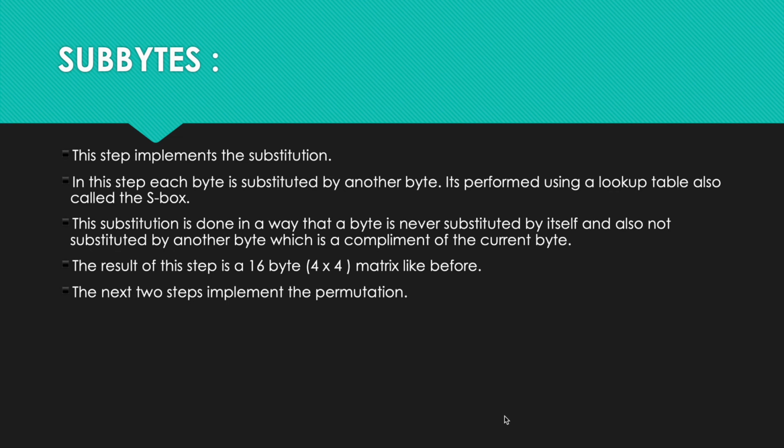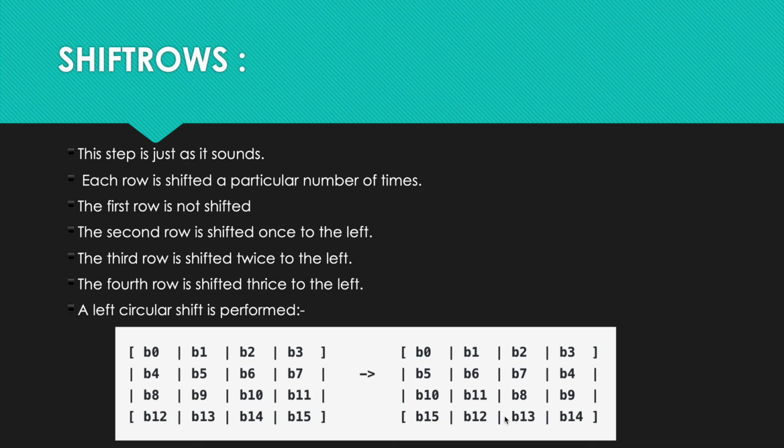This substitution is done in a way that a byte is never substituted by itself and also not substituted by another byte which is a complement of the current byte. The result of this step is a 16 byte 4x4 matrix like before. The next two steps implement the permutation.